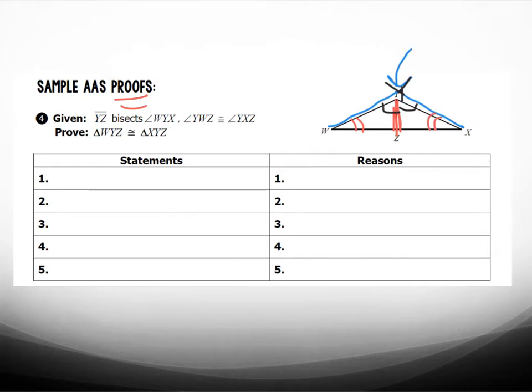So what do we have so far? I see an angle here, and I see an angle here, which is congruent to an angle over here and an angle over here. But we need one more piece of information to prove these triangles are congruent. Well, we were looking to have a side in between the two angles, but we don't have it.